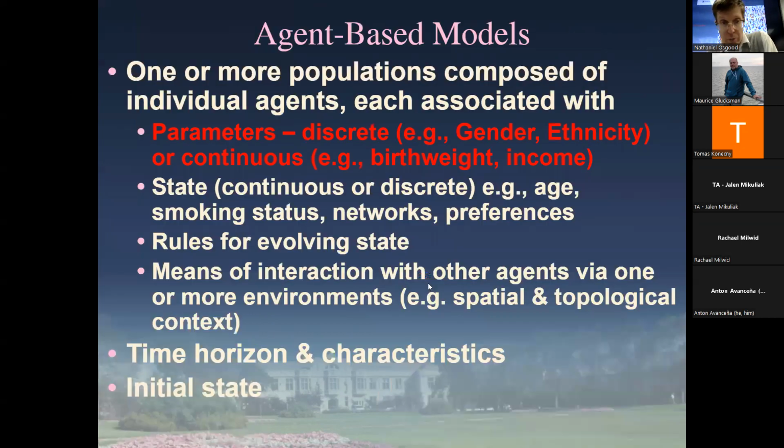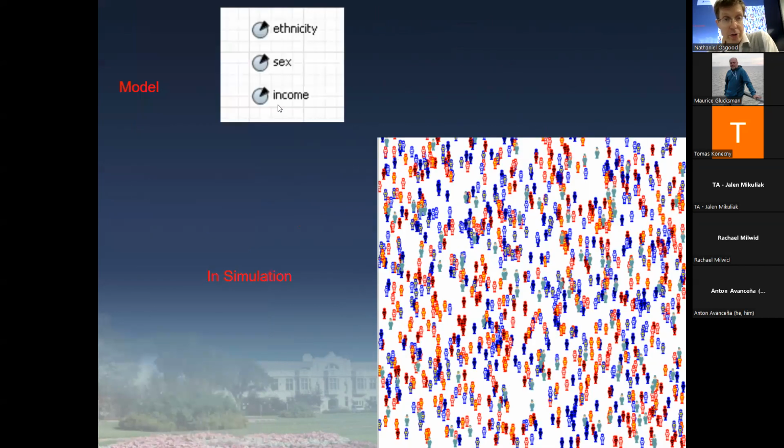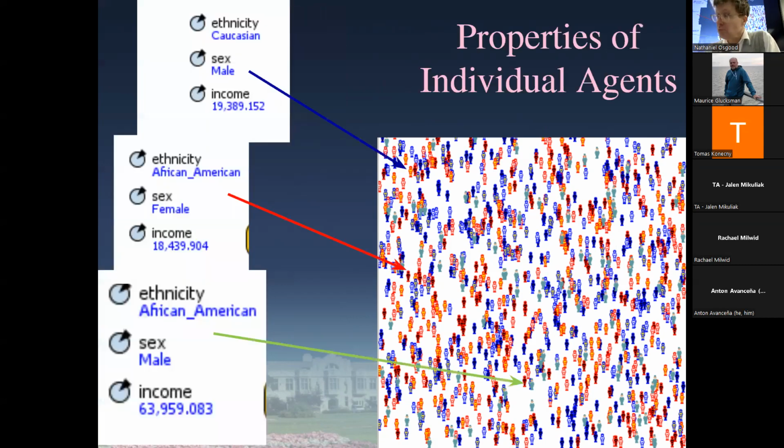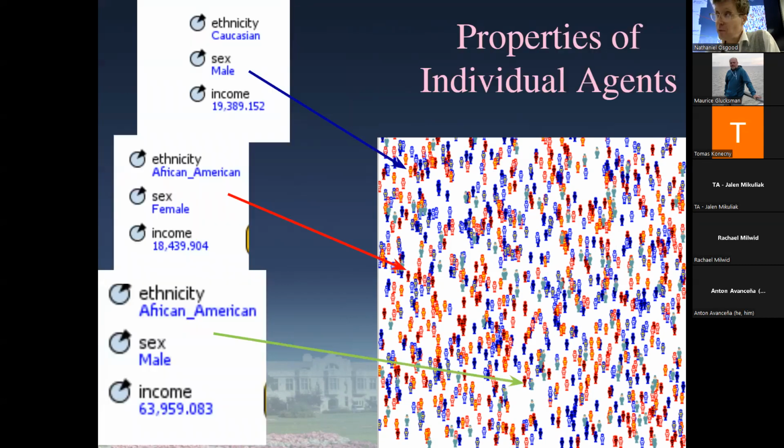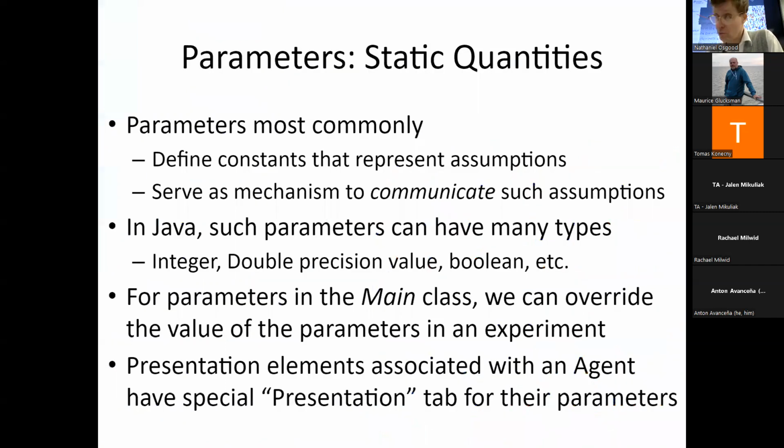Each of these people in this population will have those characteristics. In the model, we will say each person has an ethnicity, a sex, and an income. We'll say those are the characteristics of a person. And then when we run the model, they will enact that characteristic. Each one will have a particular value for each of those. Okay. So that's the distinction here between what you see when you build the model and when you run the model.